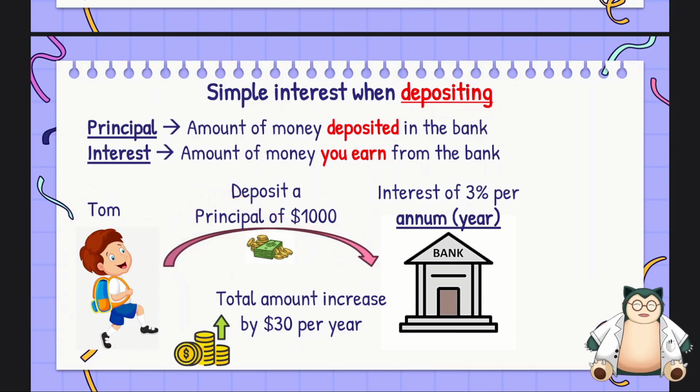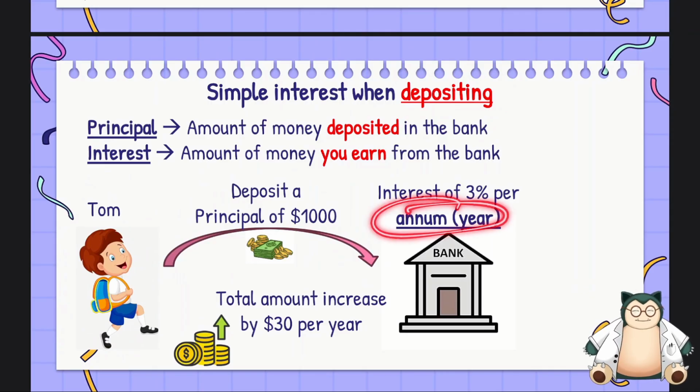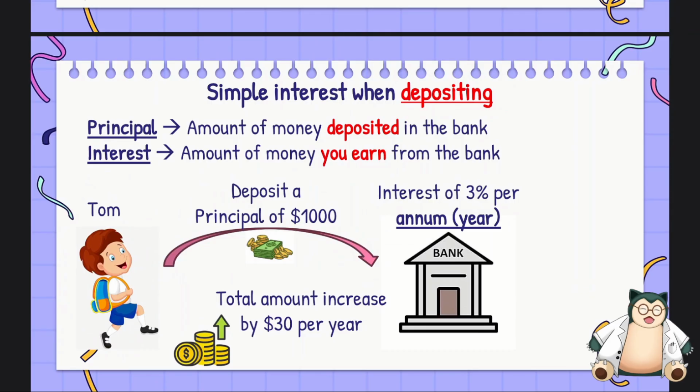The bank will keep this $1,000 safe for you, and if you don't touch it for a full year, you'll get interest, which is the amount of money the bank pays you for keeping money in their bank. Normally we consider interest at a rate per year, so we call it per annum. Let's say the bank gives you an interest rate of 3%.